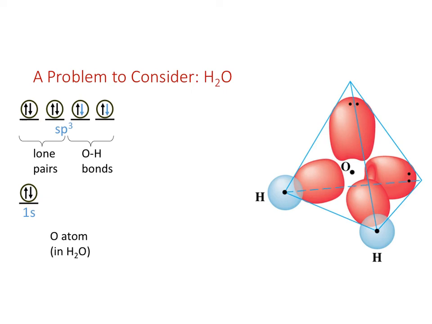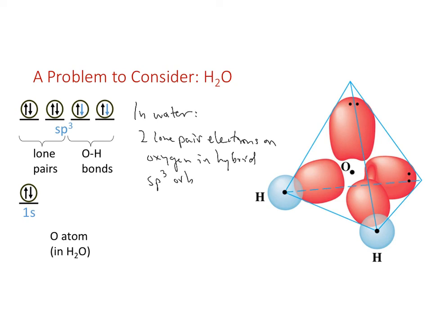So in water, right, there are 2 lone pair electrons on oxygen in hybrid sp3 orbitals.